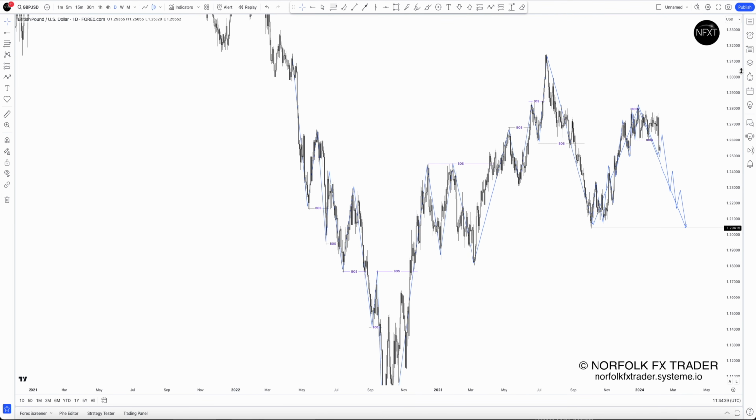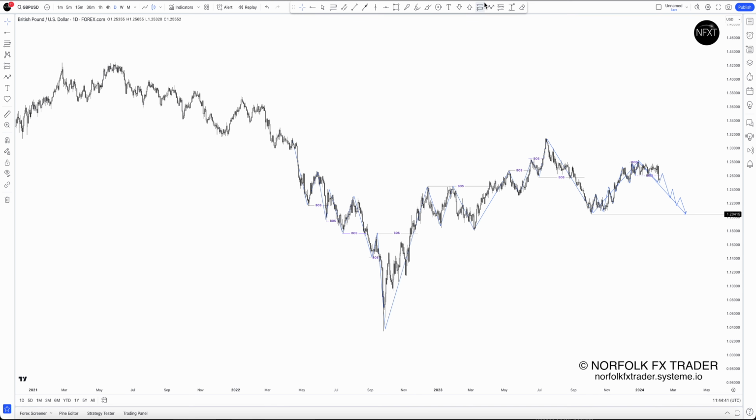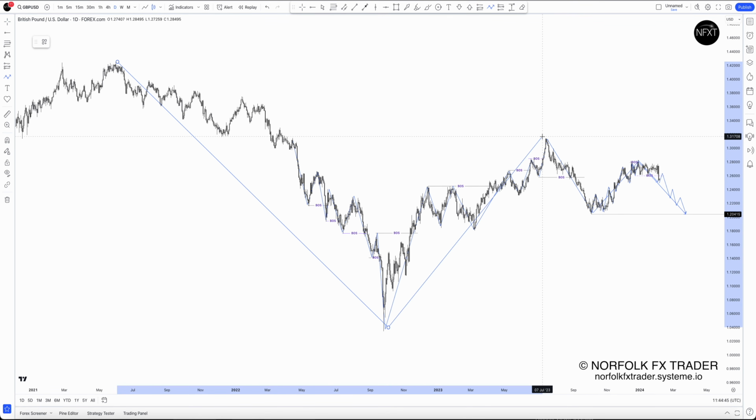Notice how we also have structure inside these swings. So we have our larger swings with structure within. We then have our swings within this structure with swings within. So you have trends within trends. Look at it that way if you're not quite sure.